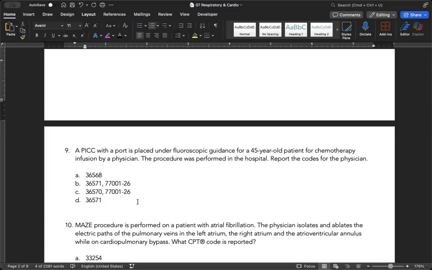And then venous. And then it is a central line. So it's sending us to central venous catheter placement.